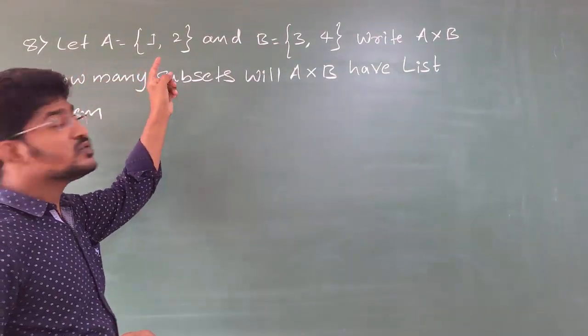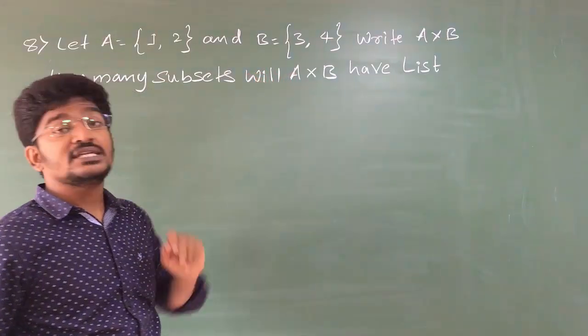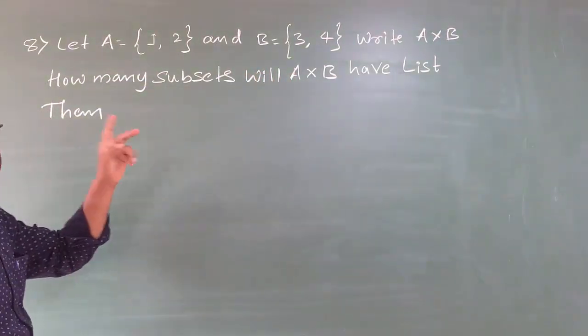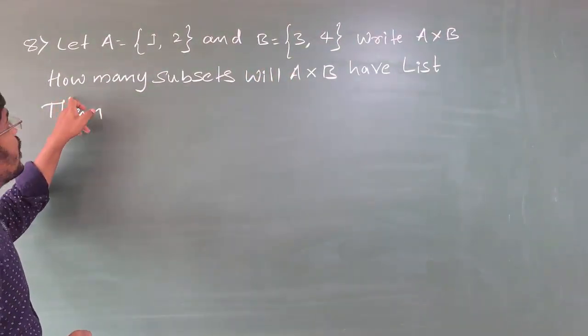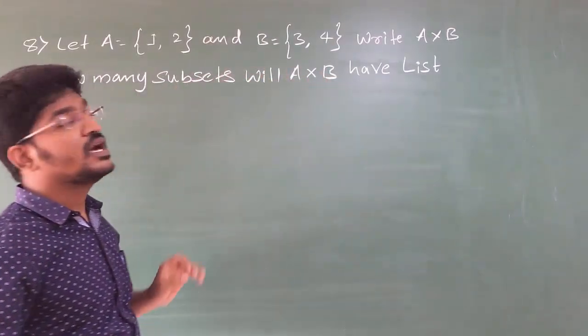Let A equal to set of 1, 2 and B equal to set of 3, 4. Write A cross B. How many subsets will A cross B have? List them, they are telling.